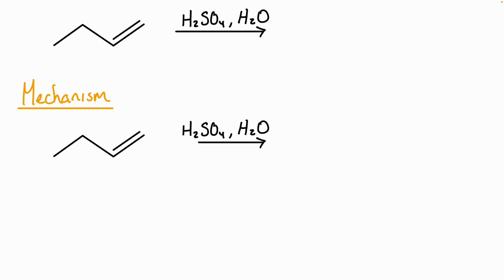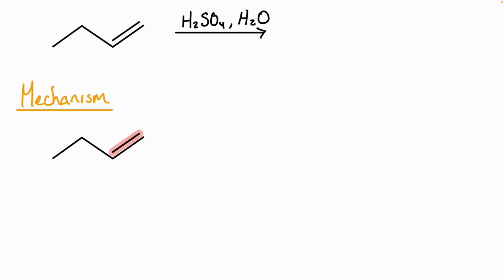All right, in this first step, we have our double bond playing the role of a nucleophile, like it does so often, right? So that pair of electrons there is glowing red hot. We got a lot of electron density at that pi bond. All right, and the first step is going to react with that sulfuric acid.